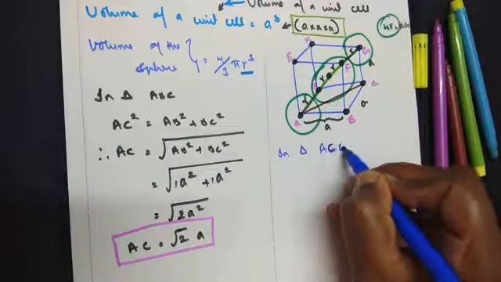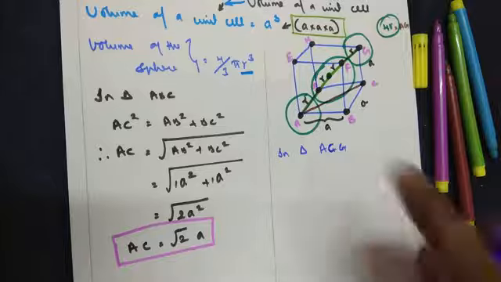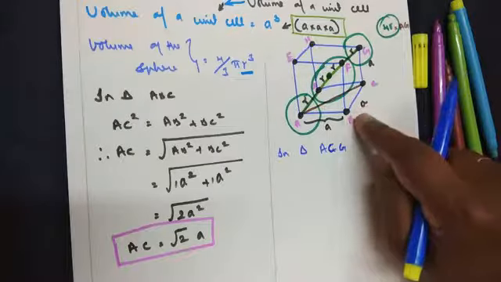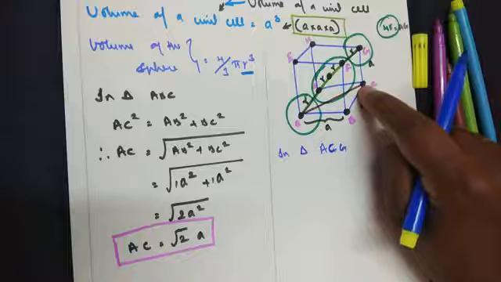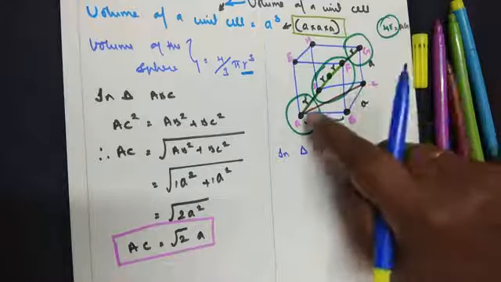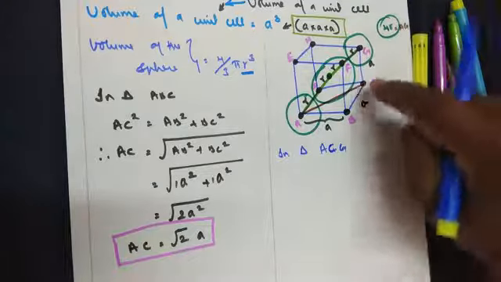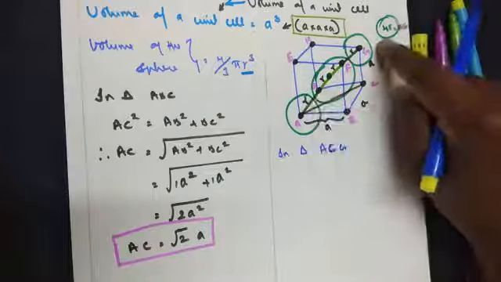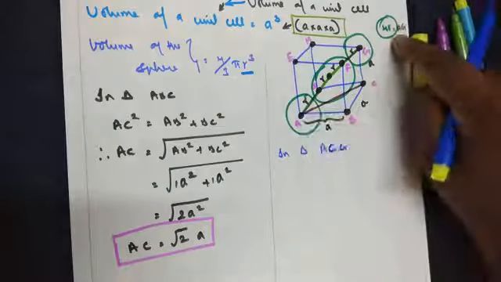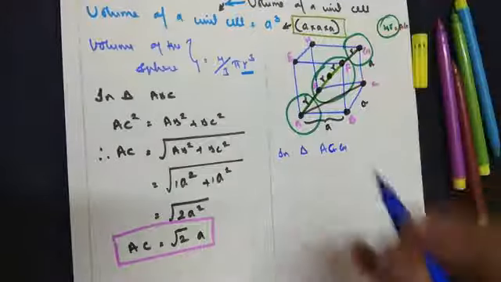Sorry, it's ACG, I'm not confusing you. Making use of the edge length, we calculated the length of AC. After calculating the length of AC, you know the value of AC and you know the value of GC. It's easy for us to calculate the value of R. How many R's are there? AG is equal to 4R. It's easy for us to calculate.